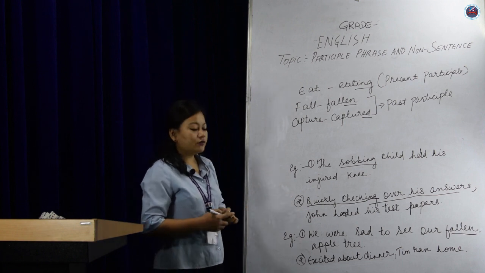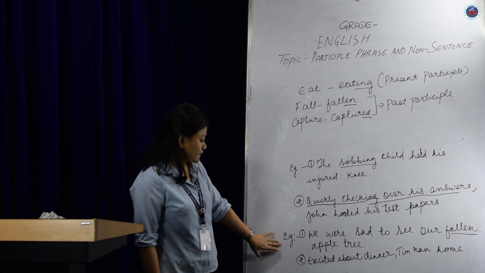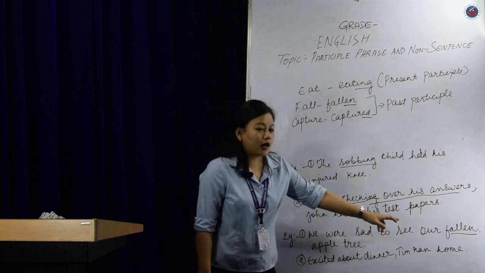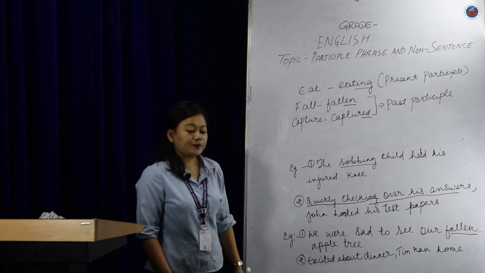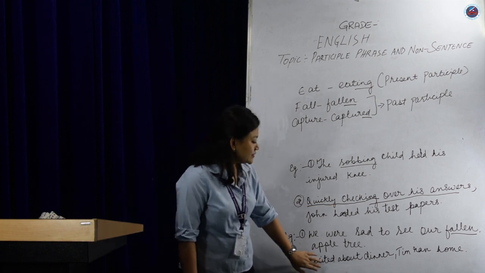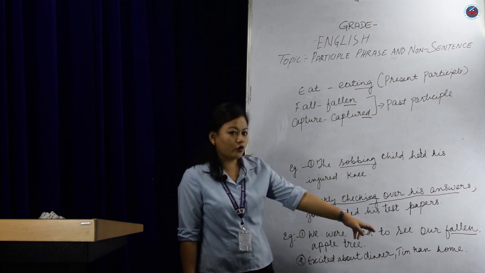Now let's look into the past participle examples. We were sad to see our fallen apple tree. Here, fallen is a past participle. And, excited about dinner, Jim ran home.